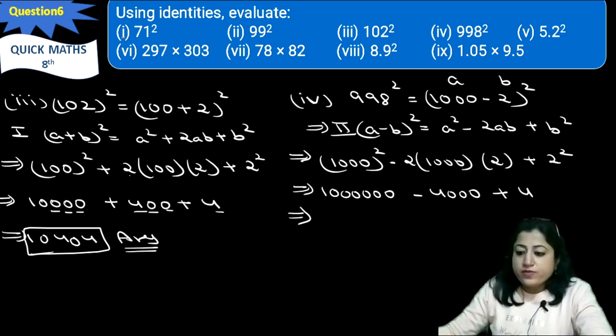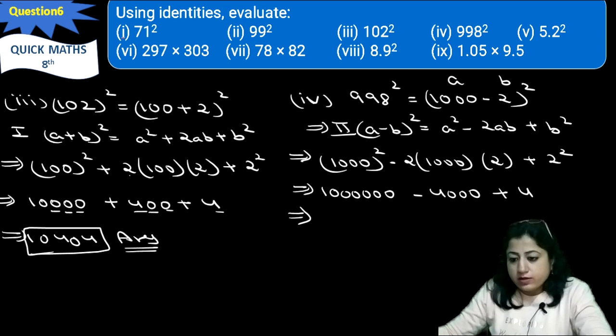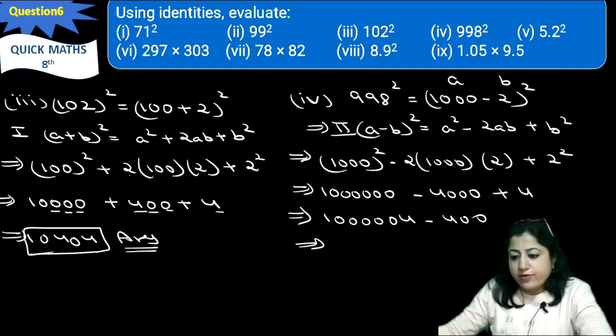Now we can write this one as 6 zeros plus 4, minus 4000. So subtracted 4 as it is, 0 as it is. Now 10 minus 4. 10 minus 4 is 6. Just a minute.